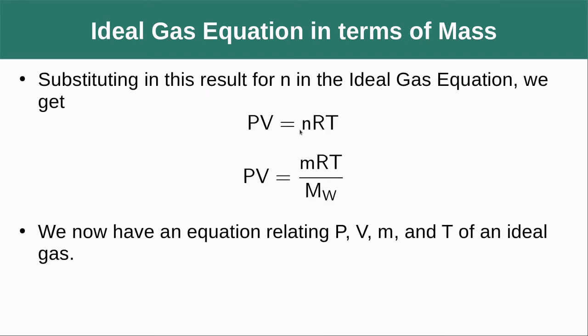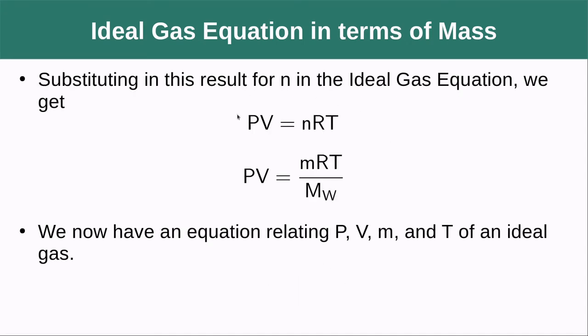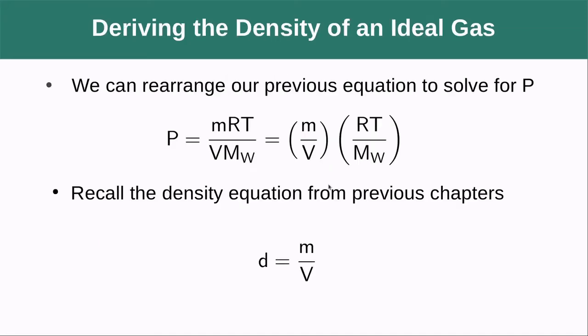If we substitute in the mass divided by the molecular weight for n into our ideal gas equation, we get this equation now, where PV equals the mass times R times the temperature divided by the molecular weight. If we choose to look at this as the mass divided by the volume times RT over the molecular weight, we get this m over V term.